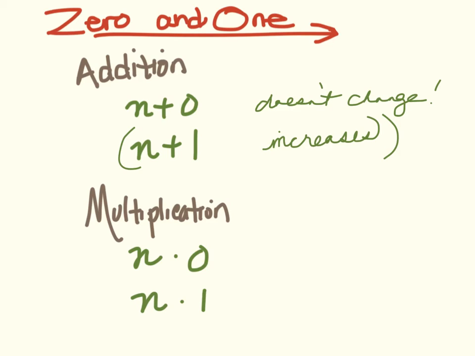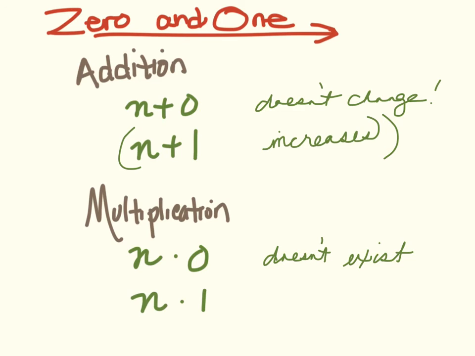Multiplication, notice, does a bit different thing. If I multiply anything by 0, it doesn't exist. It equals 0. It's another way of saying it's not even there.